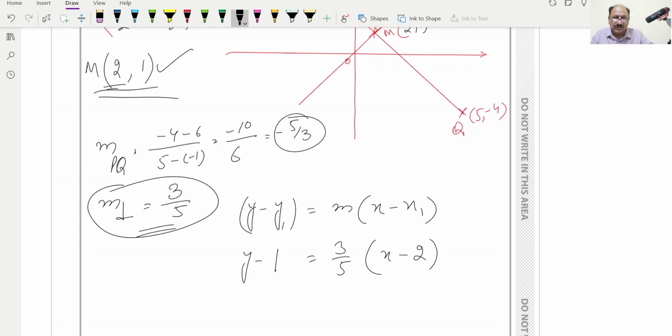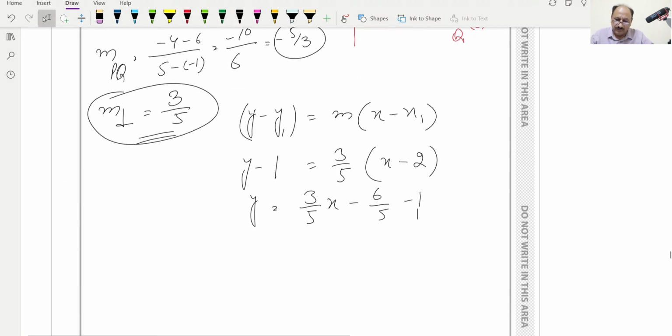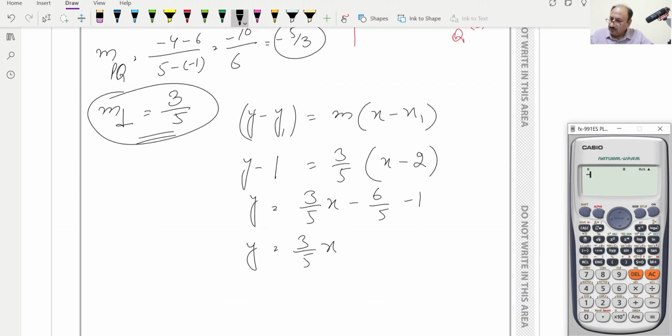And now we can rewrite this, we can shift 1 to the other side and multiply 3 by 5 also, so minus 6 by 5 and plus 1. Y will be equal to 3 by 5 x minus 6 over 5 minus 1.